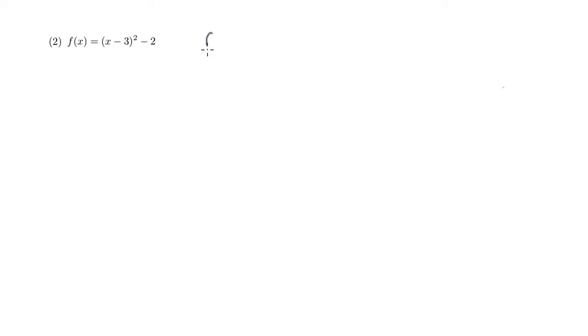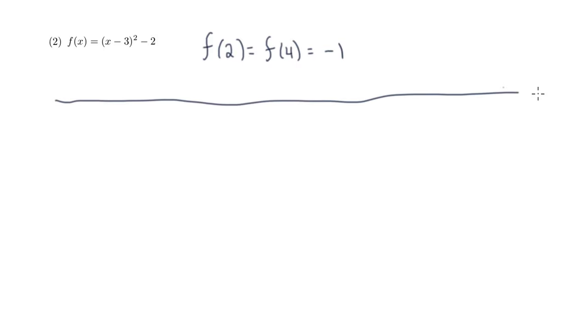And that's because f of 2 is equal to f of 4, which is equal to negative 1. Okay, so because 2 is not equal to 4, but 2 and 4 give me the same output, this function is not one-to-one. So what we need to do is restrict to a domain for which f is one-to-one.